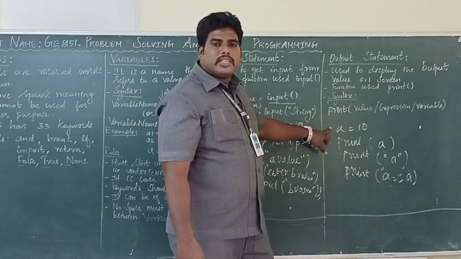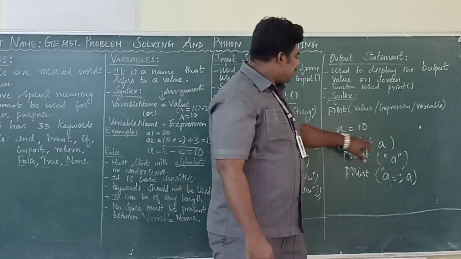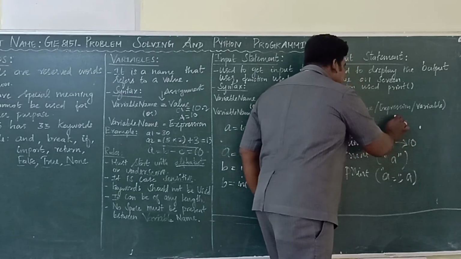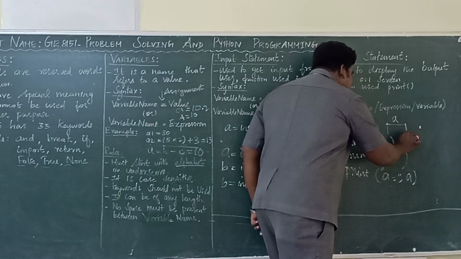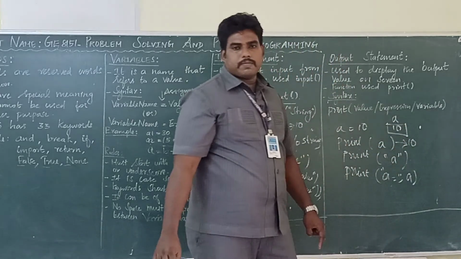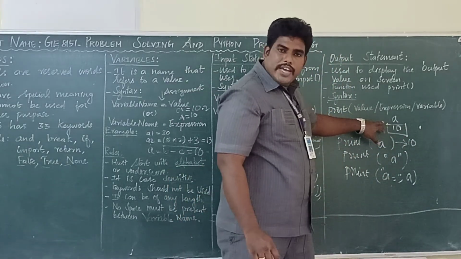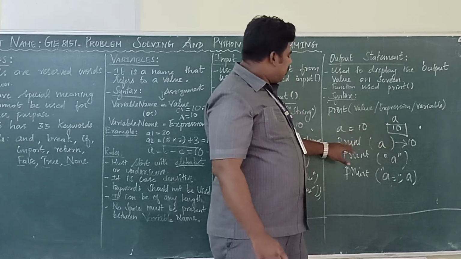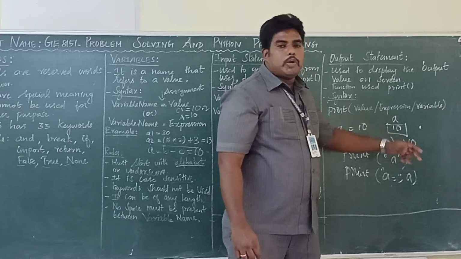Actually here the A value is 10. Here print A, so what is the output? 10. Why? A is a variable. Inside the variable the value 10 is assigned. As you are printing A, your output is 10.